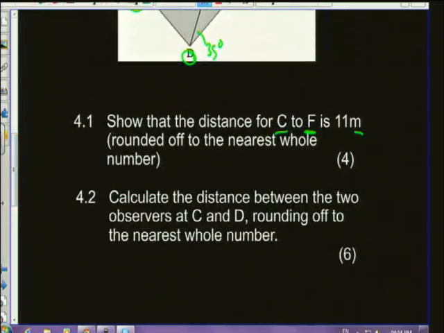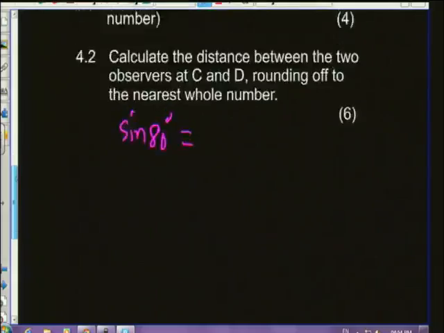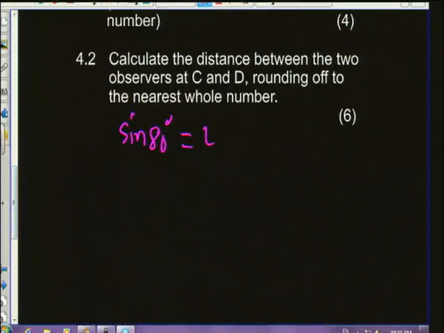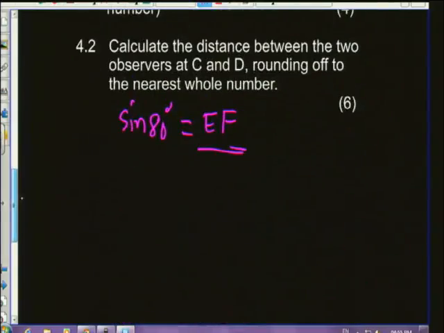So we'll say sine of 80 degrees equals EF divided by 5, okay? Therefore, EF would be 5 times sine of 80, which gives us that EF.